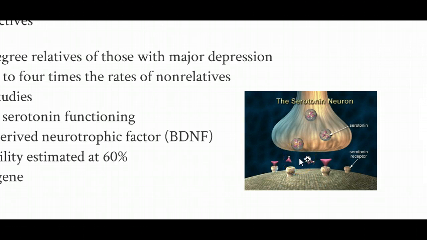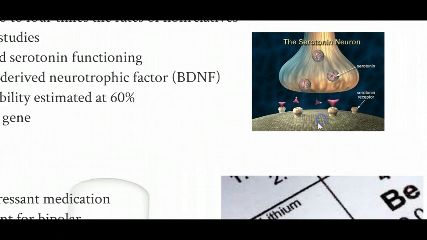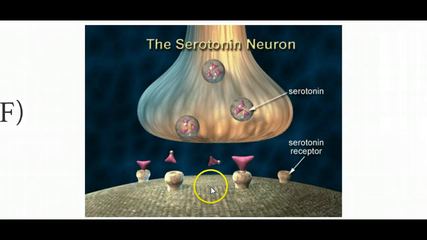That's what a drug like Prozac, a selective serotonin reuptake inhibitor, does. It blocks the reuptake pump here that would bring serotonin back into this presynaptic neuron. Neurotransmission goes this way. This is a postsynaptic neuron, so it leaves more serotonin in the synapse to work here.